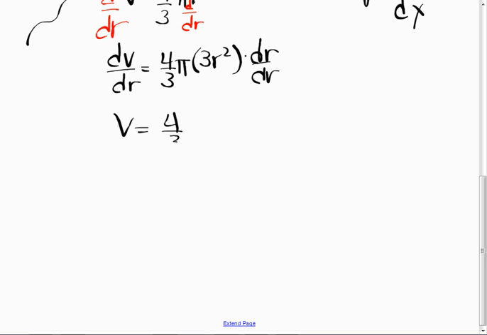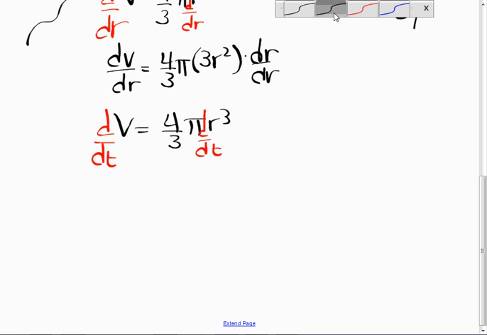So volume equals 4/3 pi r cubed. If I change time, I'm blowing up the balloon, what happens to the radius? It changes. And if I change the radius, then what happens to the volume? It gets bigger. That's the chain rule. So I want to take the derivative with respect to time. d dt. Pass this right through there, because I can.